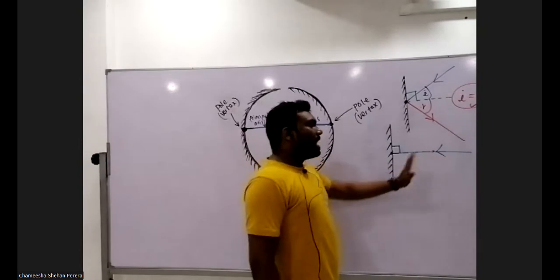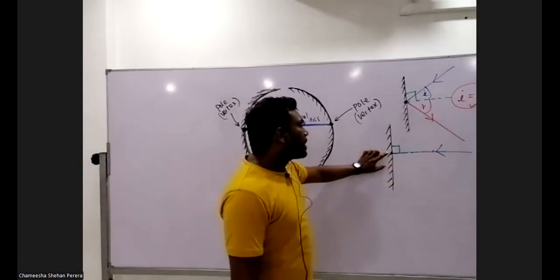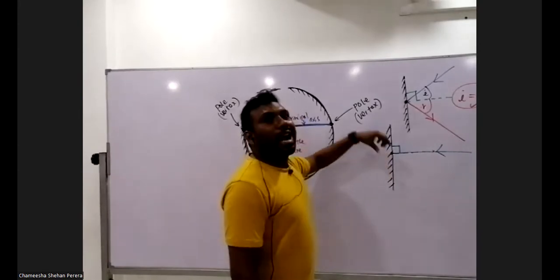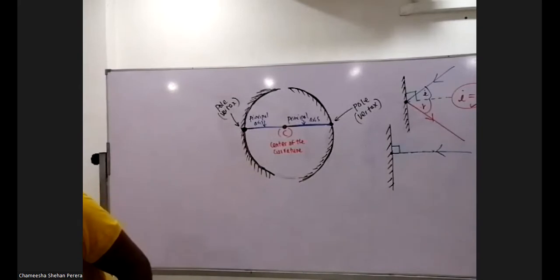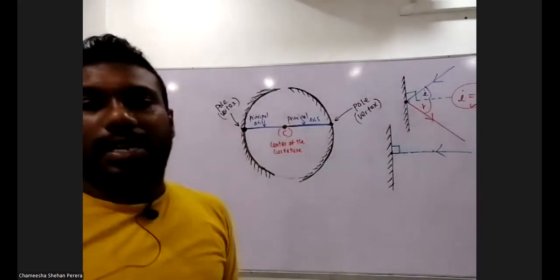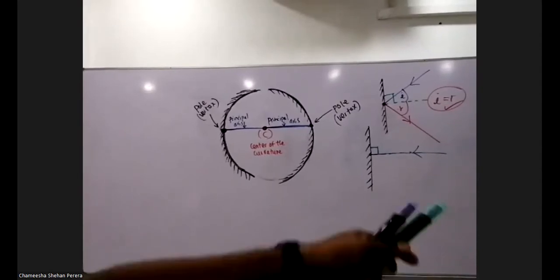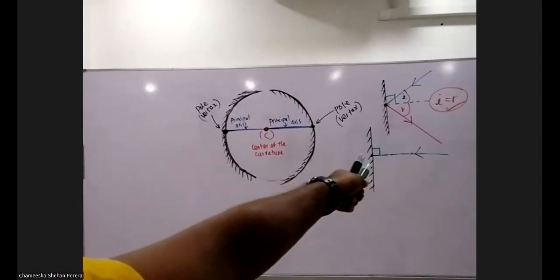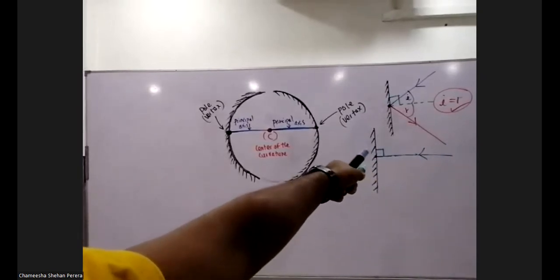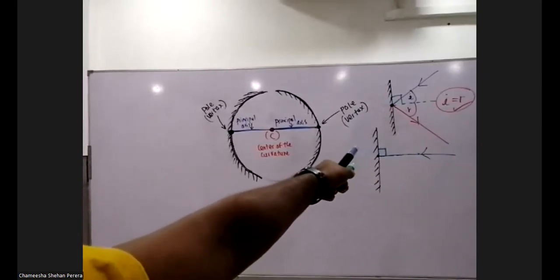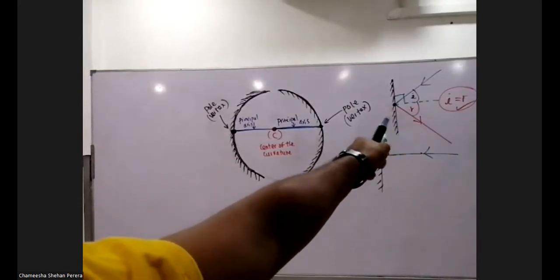You only had the incident ray coming towards the mirror surface perpendicularly. So from the point of incidence, you started constructing the normal. When you started constructing the normal, what really happened? The normal is supposed to be constructed along the incident ray, because it has to start from the point of incidence, and it has to be constructed perpendicular to the mirror surface.